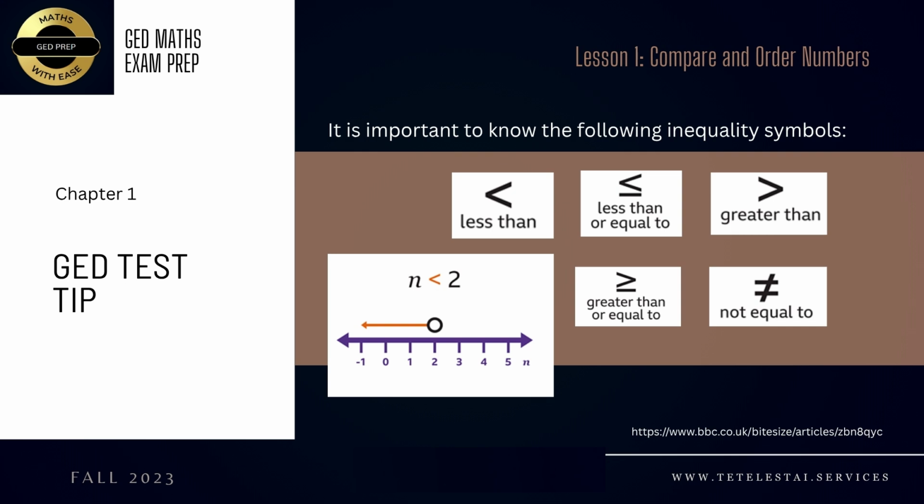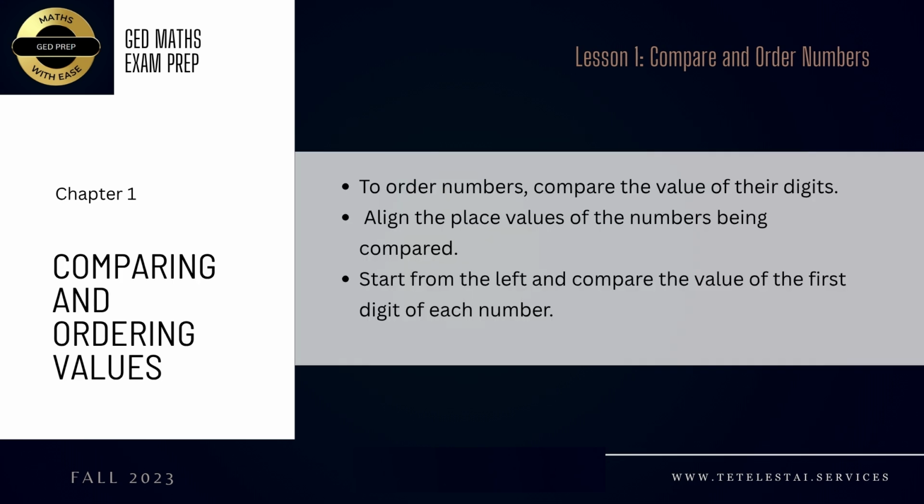So in terms of comparing and ordering values, let's say that you have more than one number and you need to put the numbers in a particular order. To put more than one number in order, you first need to determine which of the numbers is greatest, right?